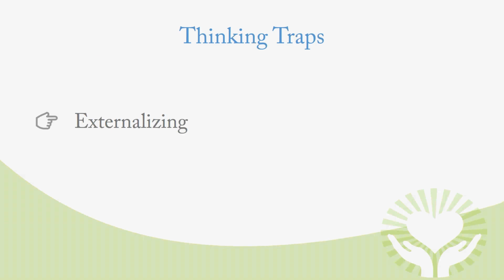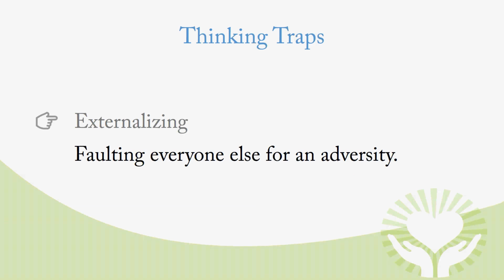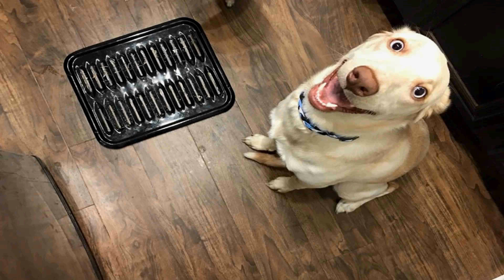So another one is externalizing. This is when faulting everyone else for something that happened without considering that you might have something to do with it. There's a couple different examples of this. One example I like to give from my childhood is that I used to blame everything on the dog. And it wasn't because I knew I was at fault and was just trying to get away with it.